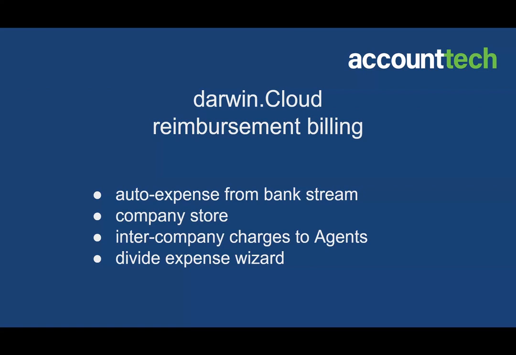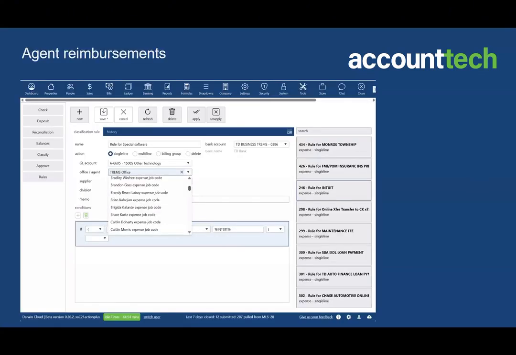But there are some new ways that you can do reimbursable expenses also. We're going to look at that. So if you have bank charges streaming in from your bank using the bank stream feature that's in Darwin now. In this case, there's a customer who has Darwin hooked up to their TD Bank business account.